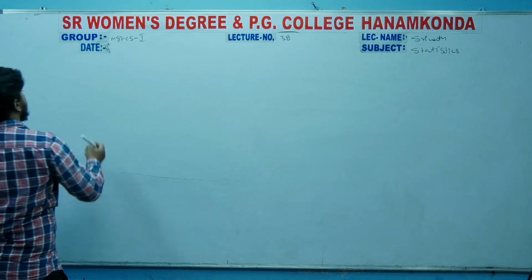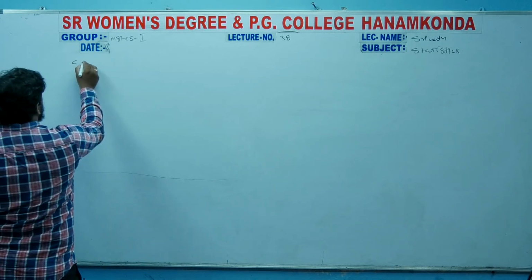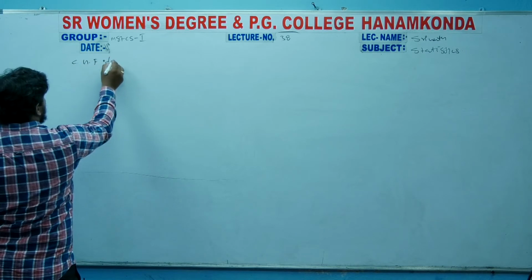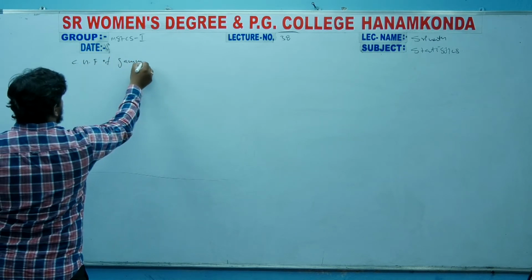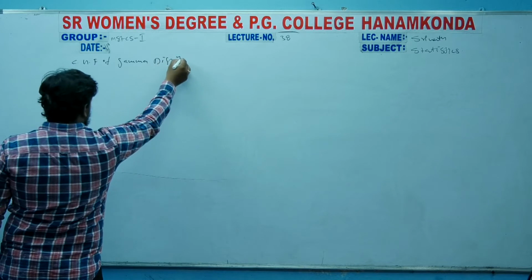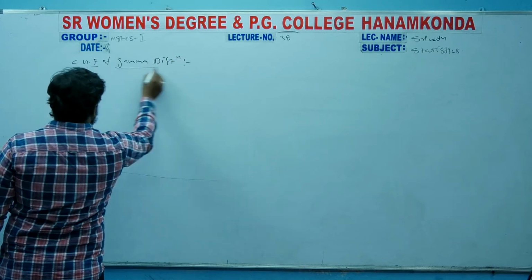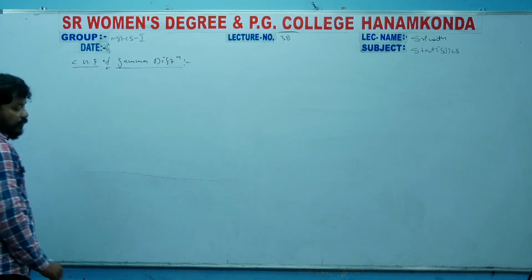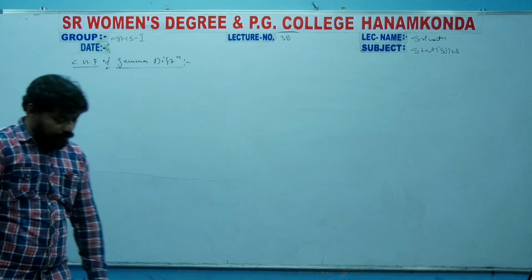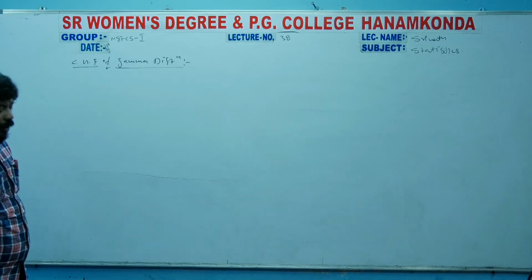And the cumulative generating function of gamma distribution is given by the PDF of gamma distribution.